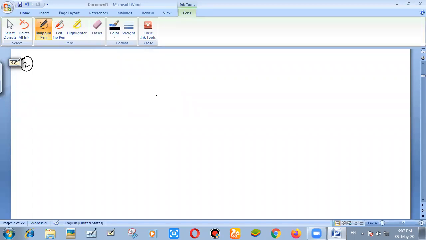That means two equations are given: 2x plus 3y equal to 7, and (a minus b)x plus (a plus b)y equal to 3a plus b minus 2.